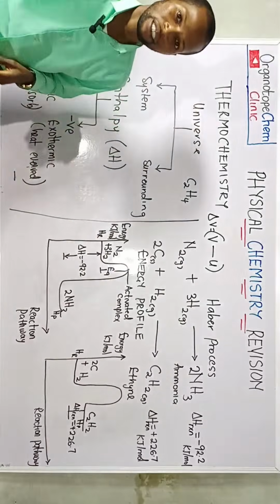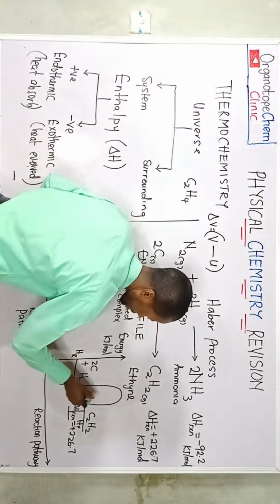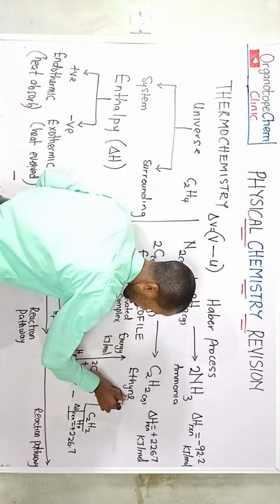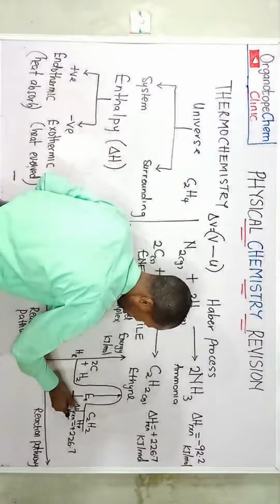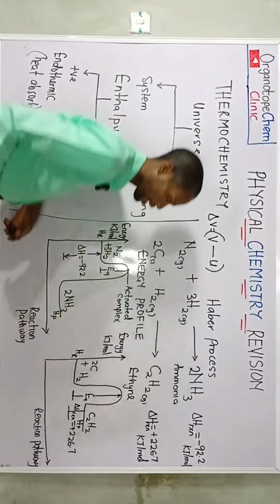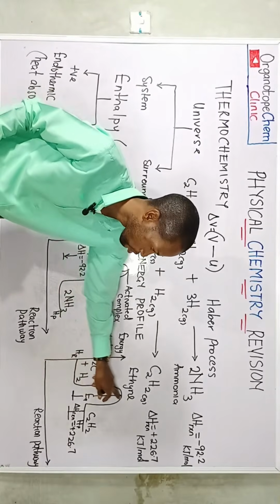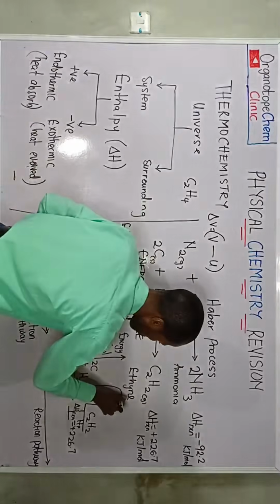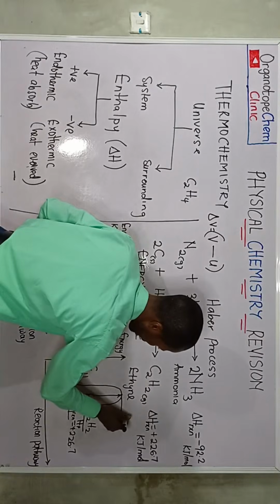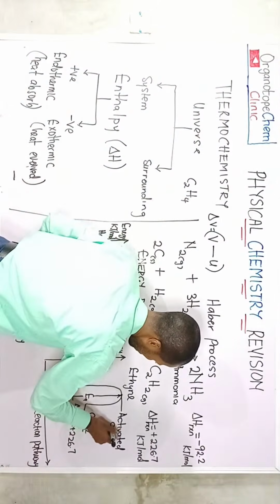So from the level where we have the reactant to the peak is activation energy. Make sure you check the level of the reactant to the peak. That's activation energy, EA. Then this peak is called the activated complex.